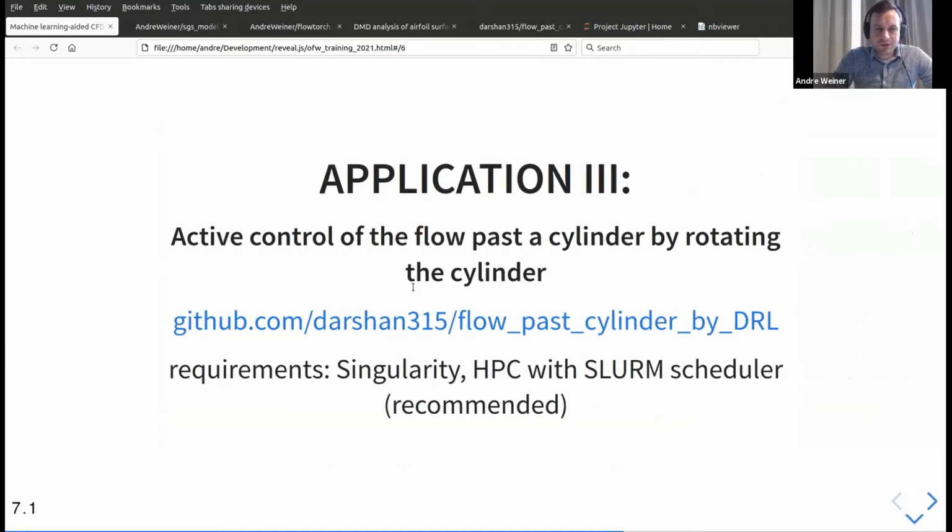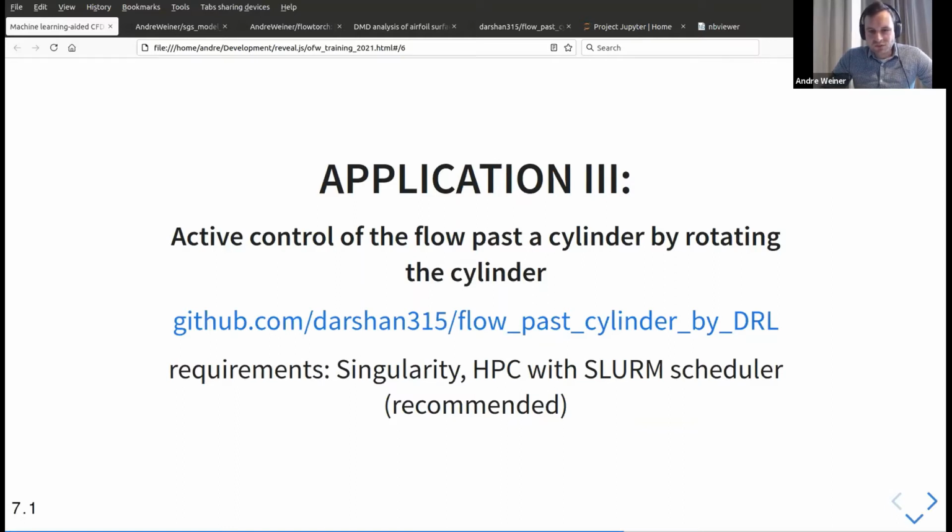All right, this completes the second application. And the last application is maybe the most interesting one. Here we are trying to achieve active flow control based on deep reinforcement learning. Again, everything is available in a GitHub repository, this time a repository of my student, Darshan Tumar.